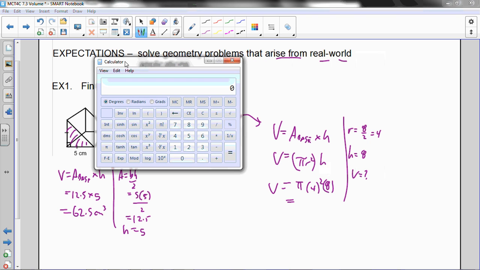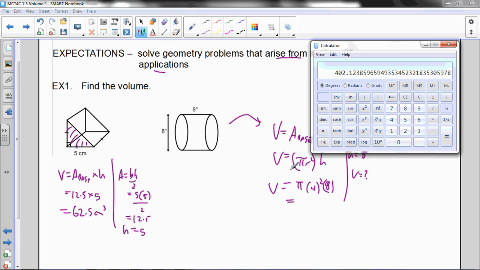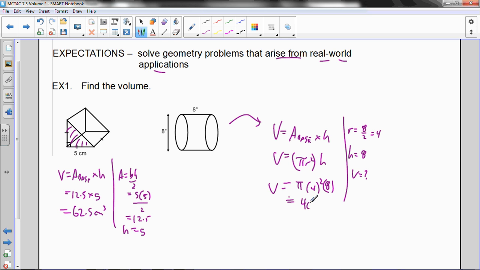There we go. Pi times 4 squared times 8 is about 402 cubic inches. And we weren't asked for a conversion, thankfully, so we can just leave it as 402 cubic inches.